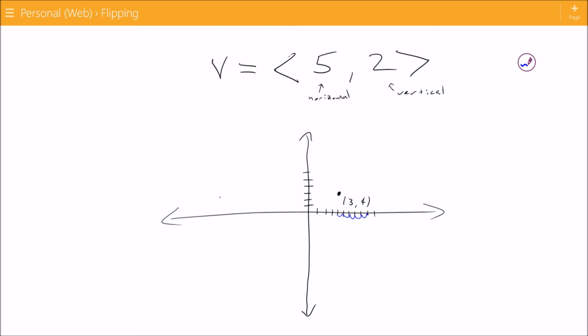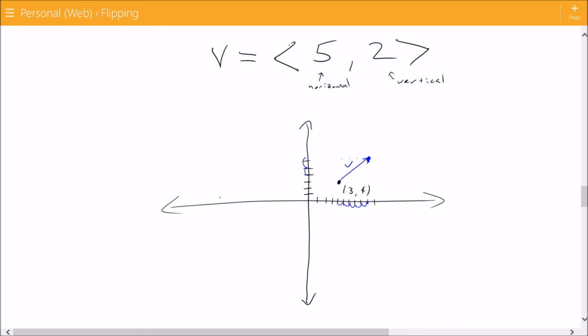So I know I'm going to end up somewhere about right here. And then I've also got to go 2 positive vertical. So I start out at 4, so I go 1, 2. So I would see the intersection of these two, which would be right there. So there is my vector v applied to that. And that's it. My new point would be right there, which I counted out, would actually give me (8, 6).